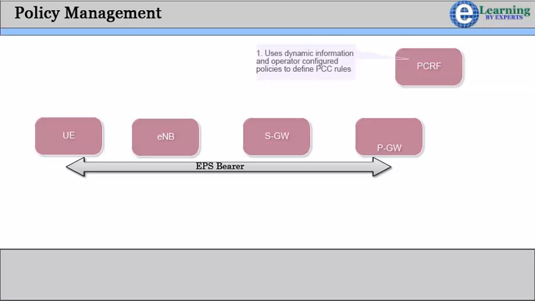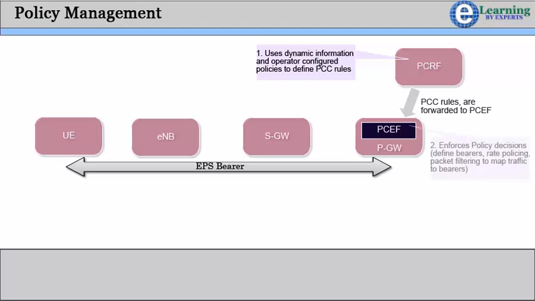The PCRF is the policy server in the EPC. The PCRF takes the available network information and operator-configured policies to create service session-level policy decisions. The decisions, known as policy control and charging, or PCC rules, are forwarded to the Policy and Charging Enforcement Function, or PCEF, located in the PDN GW.